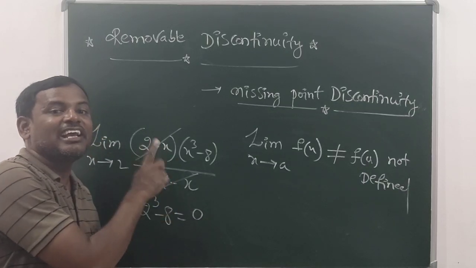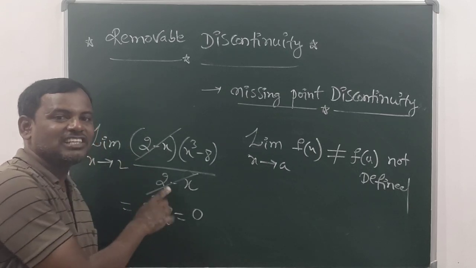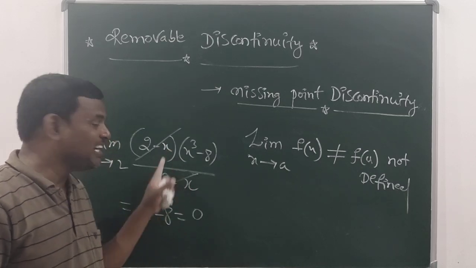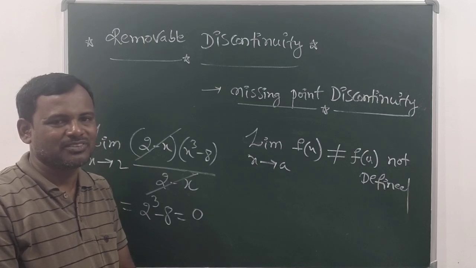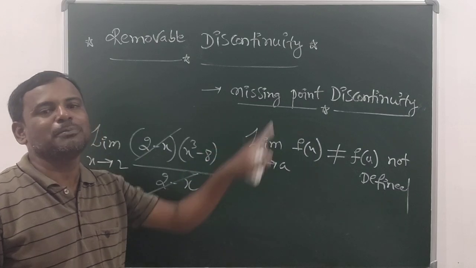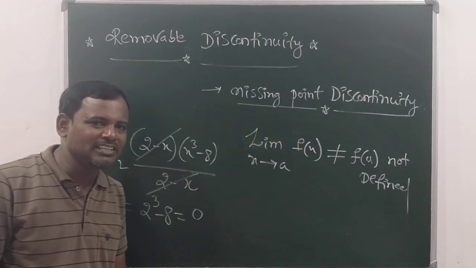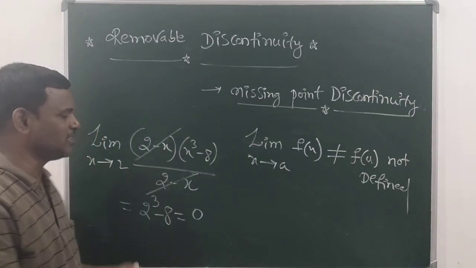It is a rational polynomial function. This rational function is not continuous at x equal to 2. Except that 2, it is continuous on the entire real number set. Hence, this is an example of missing point discontinuity, because it is missing at only one point, at x equal to 2.